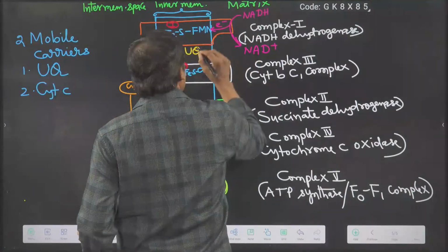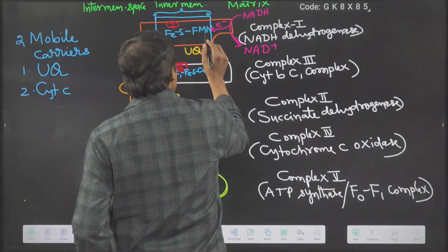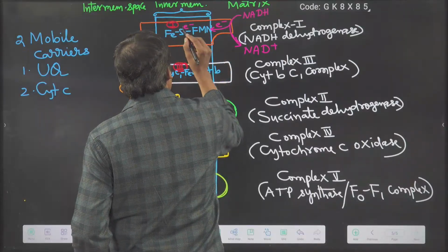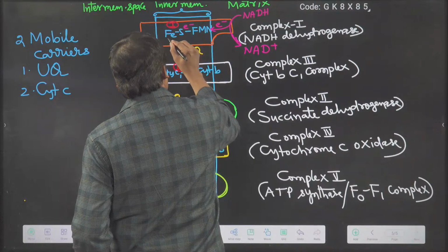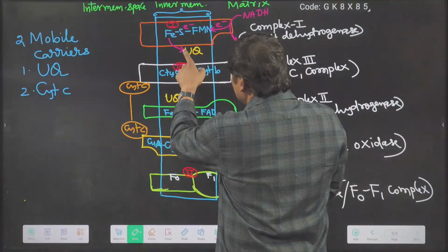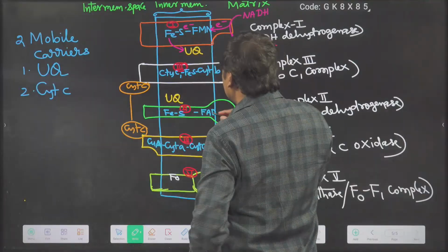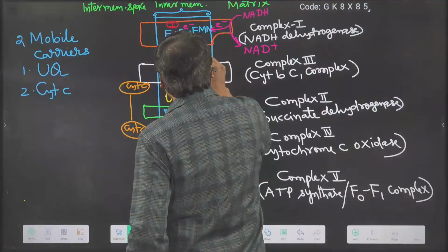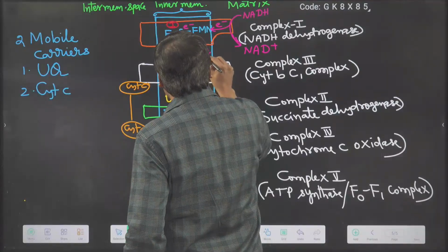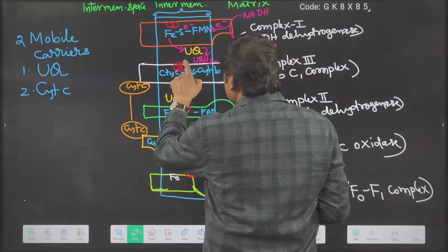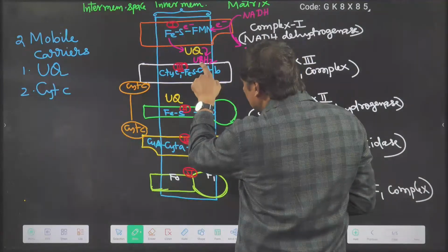These electrons are transported first to FMN, then the iron sulfur center, then from complex 1 they are accepted by ubiquinone, so that ubiquinone (UQ) becomes UQH2, ubiquinol.